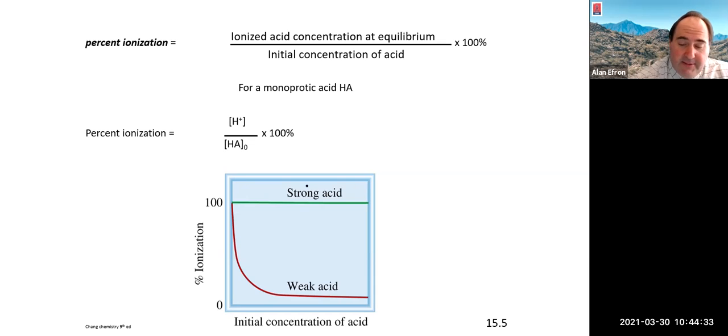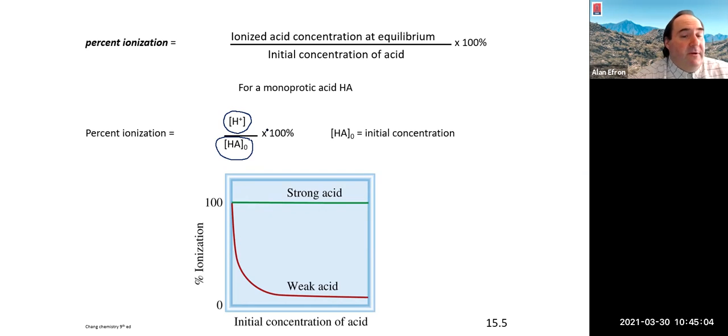When we make those assumptions, we usually take the concentration of H plus, which is what we get for X, divide it by the initial concentration, and times it by 100. So when we assume that X is equal to 0, what we're really doing at the end is calculating the percent ionization.